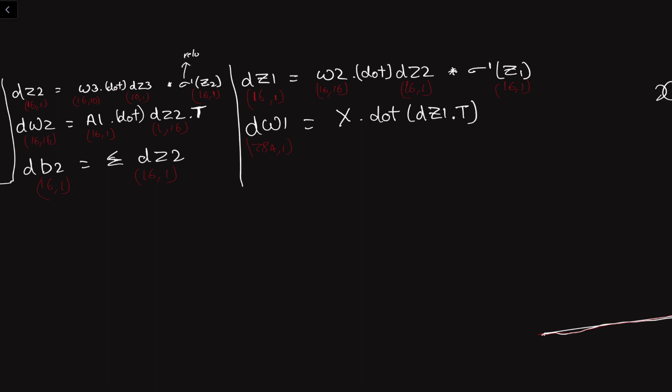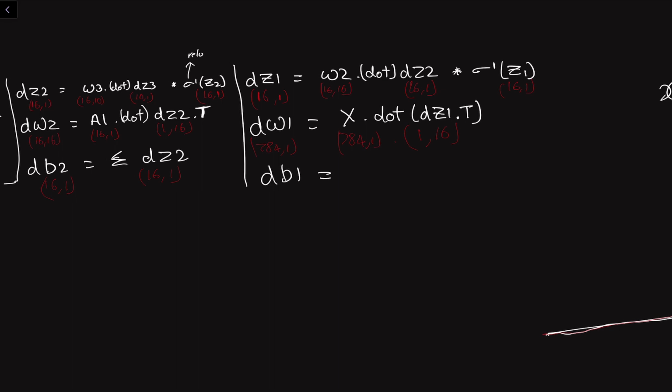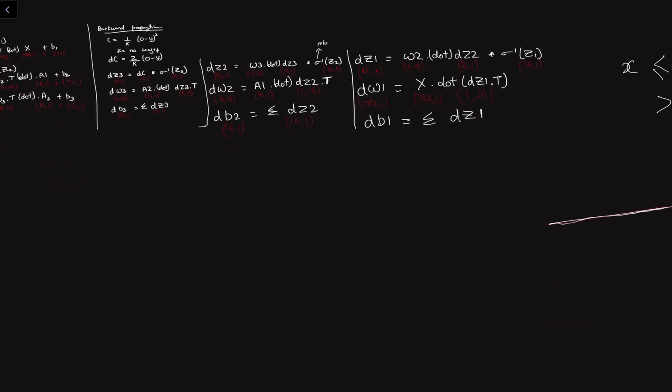This is 784 comma 1. Dot dZ1 is 1 comma 16, dZ1 transpose, right? So this will give us this. All right, and finally db1 equals the summation of dZ1. All right, these are the equations.